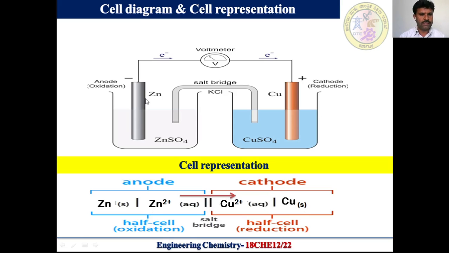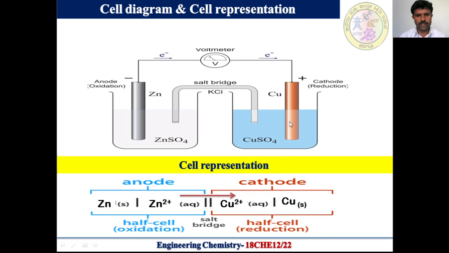The zinc metal is immersed in zinc 2 plus ion solution. This line indicates a boundary between the zinc solid and the zinc 2 plus solution, and then it is connected to the other half cell, copper 2 plus ions, which is in contact with the other electrode, copper.